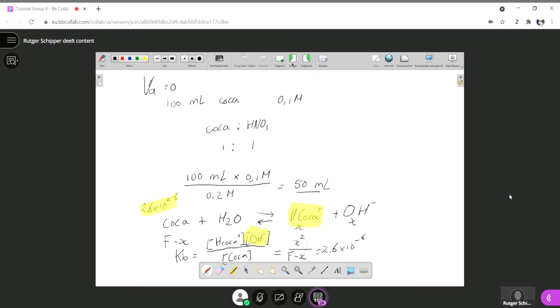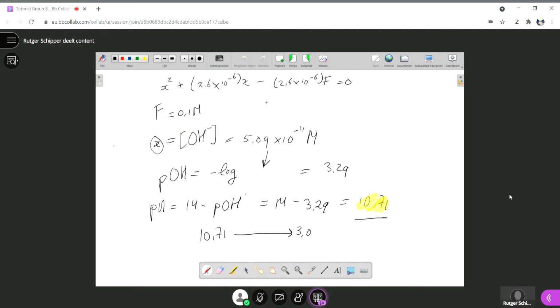Because if we skip to the previous slide, we see that x is here. So if we find x, we find the hydroxide concentration, and the hydroxide concentration is directly relatable to the pH or the pOH, whichever you prefer. So x is the hydroxide concentration, which is equal to 5.09 times 10 to the power of minus 4.